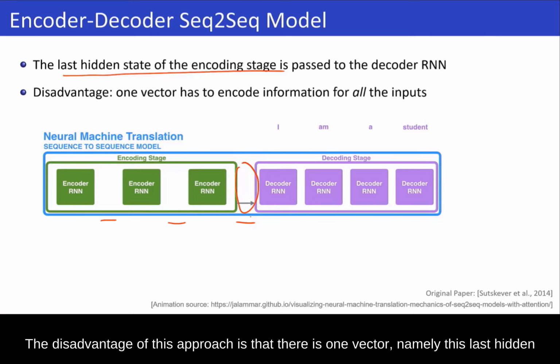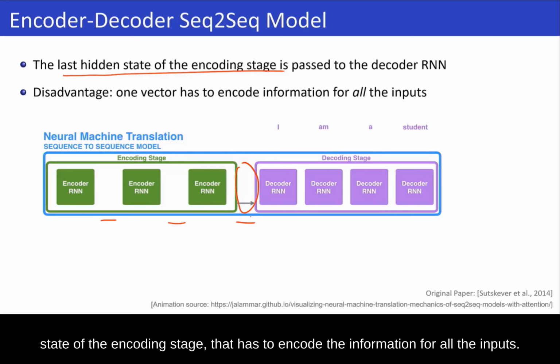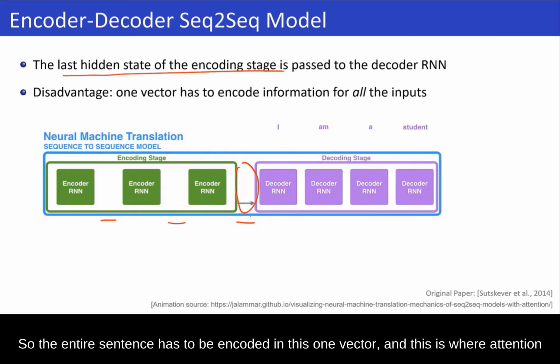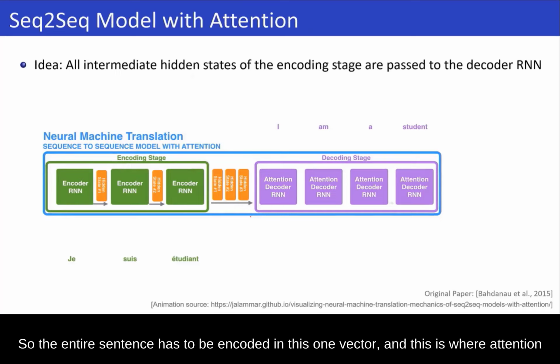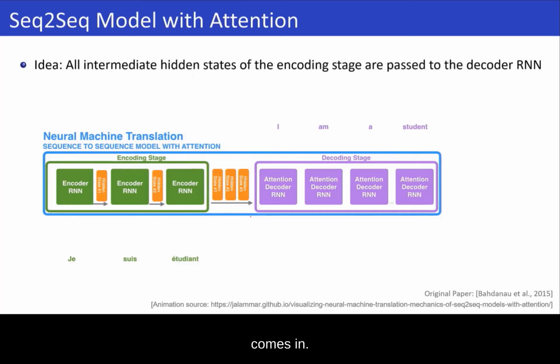The disadvantage of this approach is that there's one vector, namely this last hidden state of the encoding stage, that has to encode the information for all the inputs. So the entire sentence has to be encoded in this one vector. And this is where attention comes in.